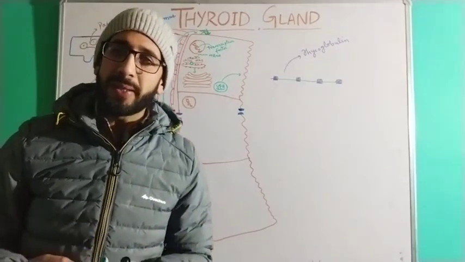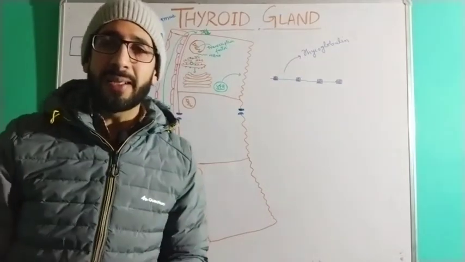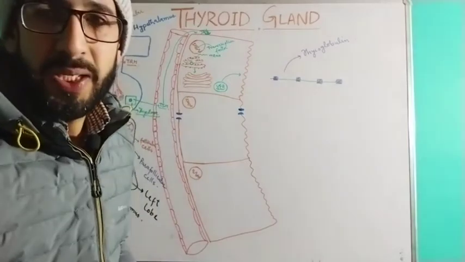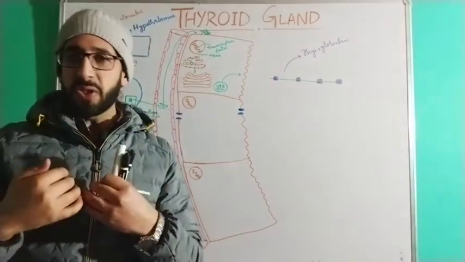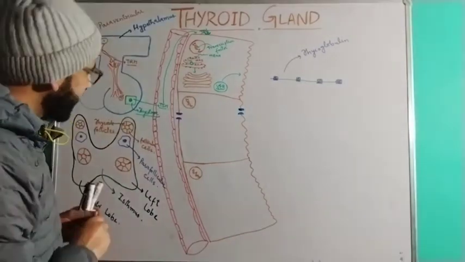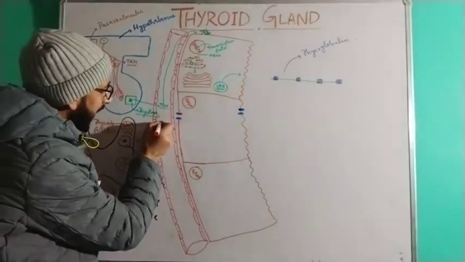Now another important thing which is important for the synthesis of thyroid hormones is iodine. Iodine we usually take through our diet, but in our blood that iodine is actually in the form of iodide.